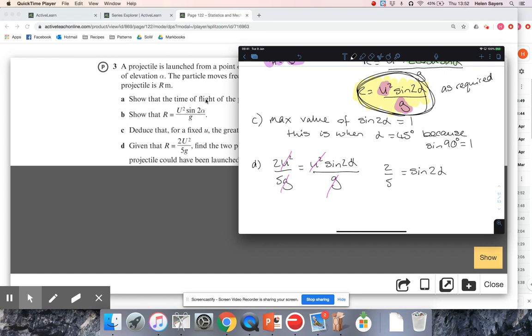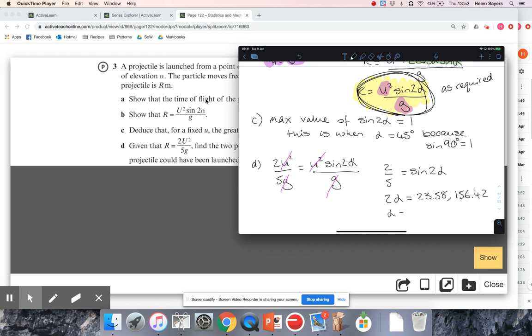So if I inverse sine 2/5, I get 2 alpha is 23.58, to 2 decimal places for now. They've mentioned two solutions. So alpha can be anything from 0 to 180. If I want my second solution, I'm going to do 180 minus my principal value, which gives me 156.42.